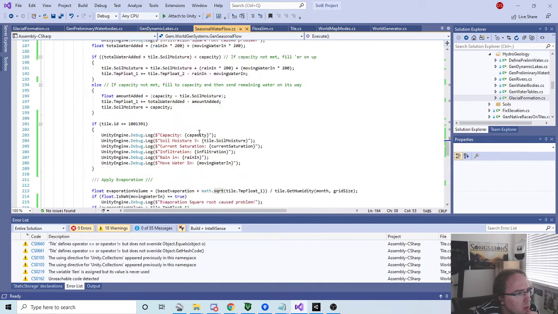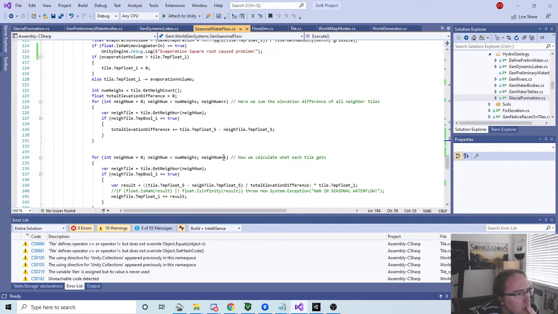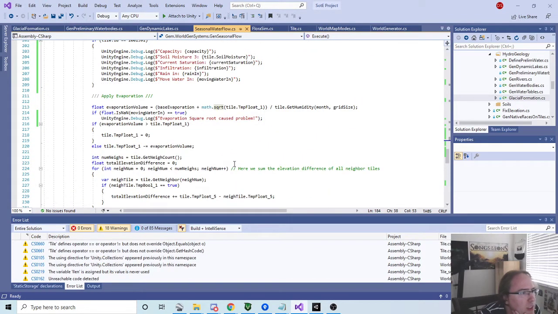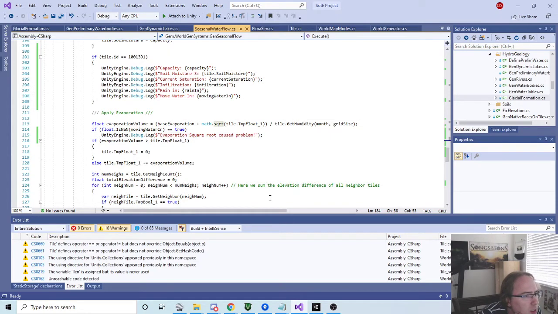Let's see, where do we do all of our square root stuff? Alright, so we have one here. We are generating evaporation issues and permeation issues.